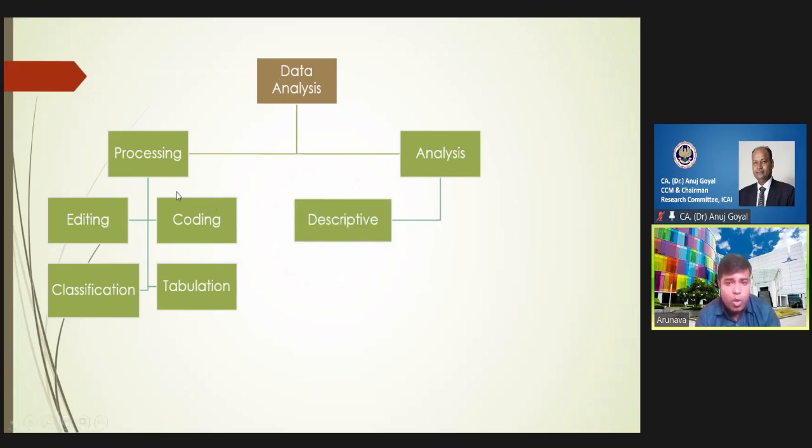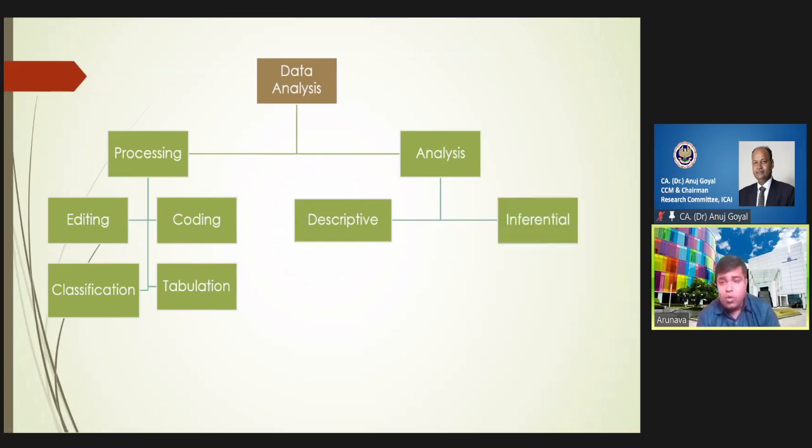So while we do the processing, after doing the tabulation, proper editing, coding, classification, and if we have properly tabulated our data according to the variables, according to the research question, research focus, then only we can go for a descriptive analysis, right? The first stage, as we have seen earlier also, is a descriptive analysis.